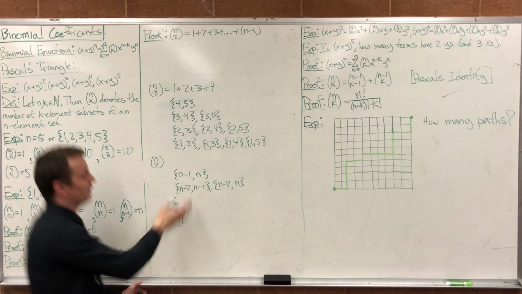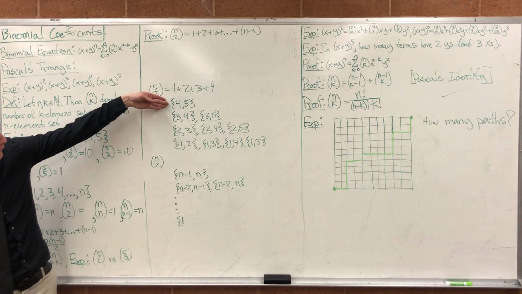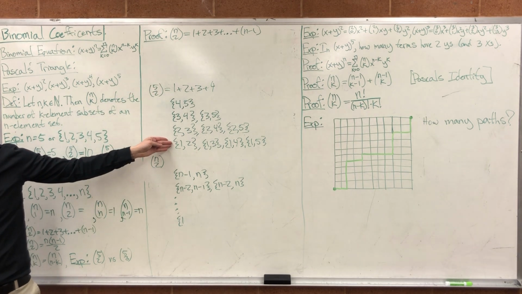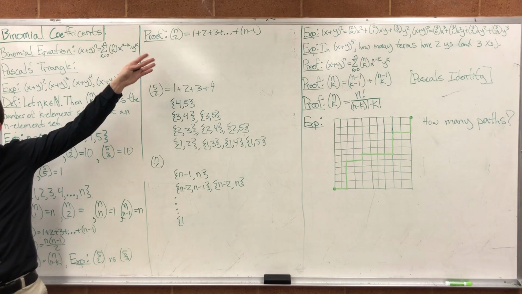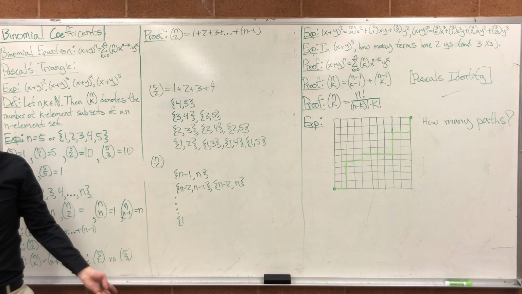Look, n's just some number. Eventually we're going to get down to 1. It doesn't matter that we start with 4 here. If we go down far enough, we get to 1. We can start with 100. N just allows us to start anywhere. We're going to eventually get down to 1.